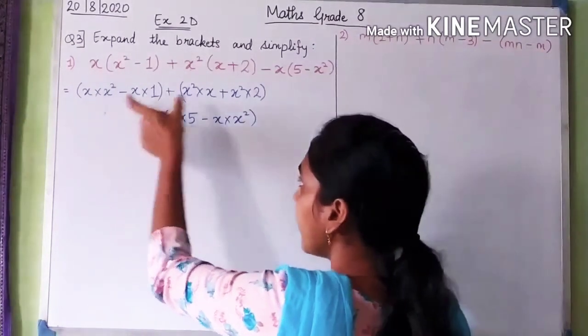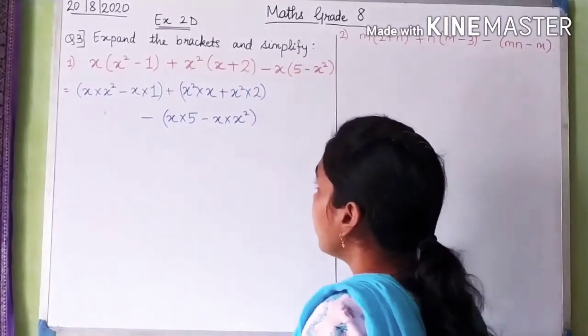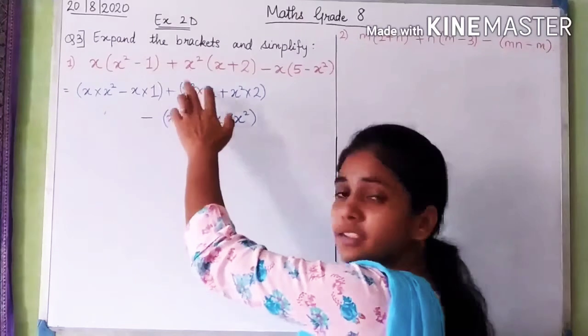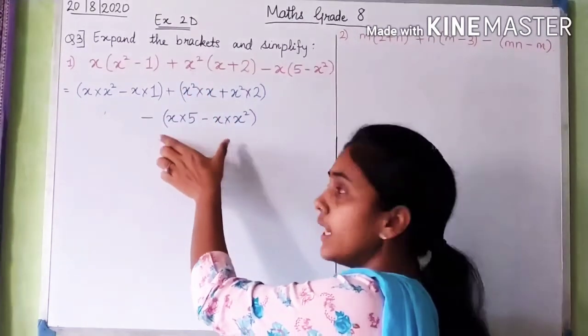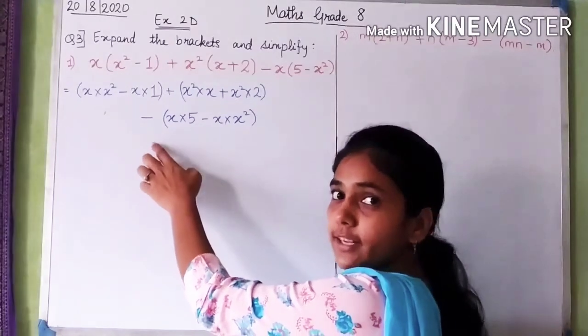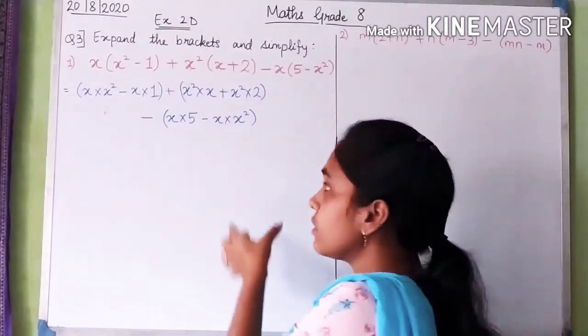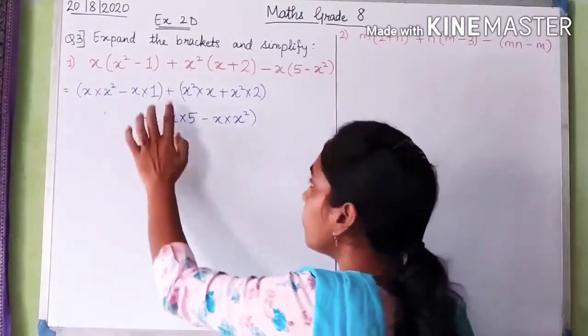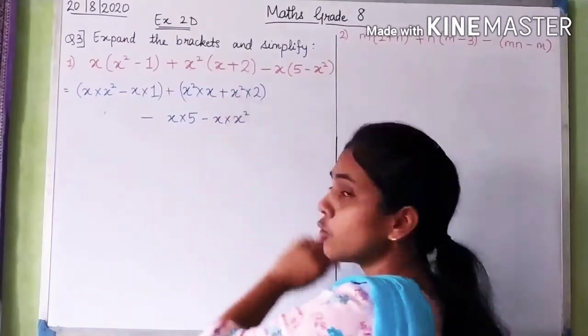See, for every expression I have put a bracket, because if there is a plus sign it doesn't make any difference, but if there is a minus sign outside the bracket then it makes a difference. If there is a minus sign, the sign of each term changes. That is why you need to put a bracket. If you don't put this bracket, you will get confused and your signs will go wrong.